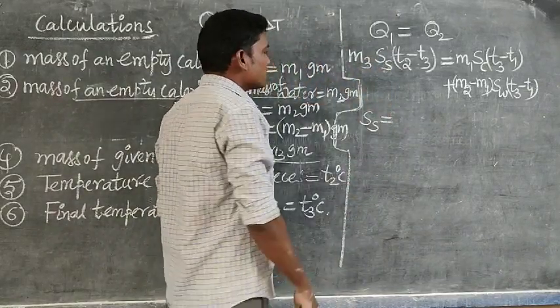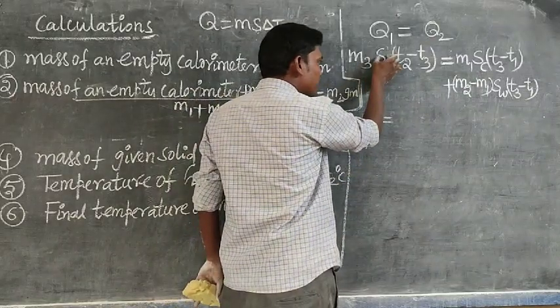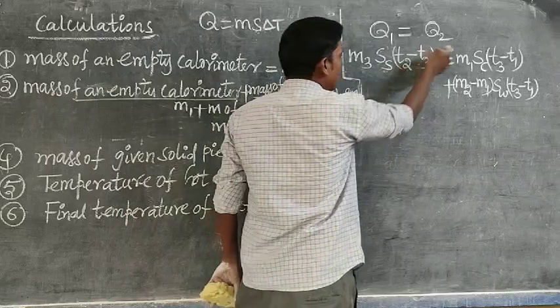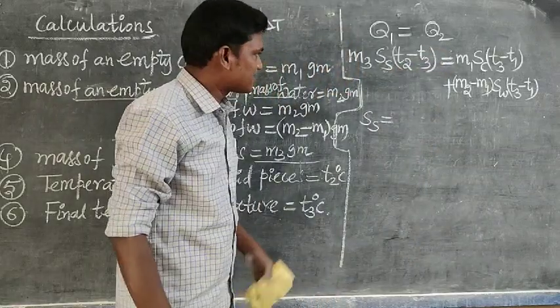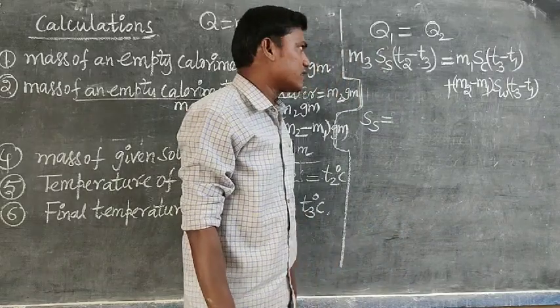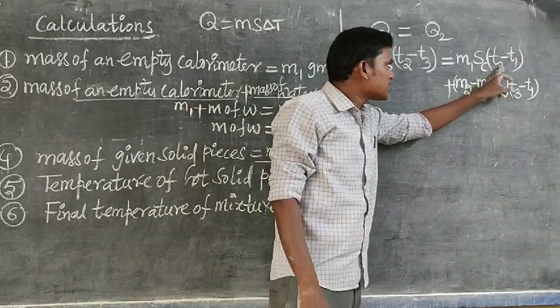That's right. So we keep the value here only in the left hand side. The remaining values you can transfer into the right hand side. In the same way, in the right hand side, the common factor is T3 minus T1.